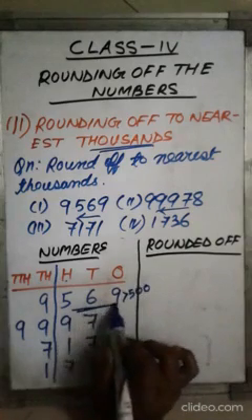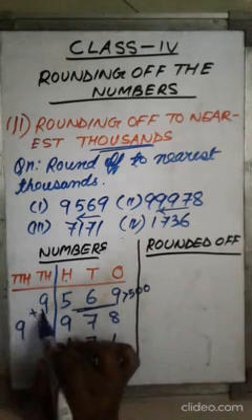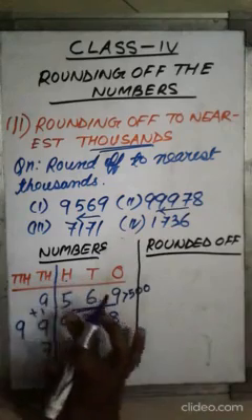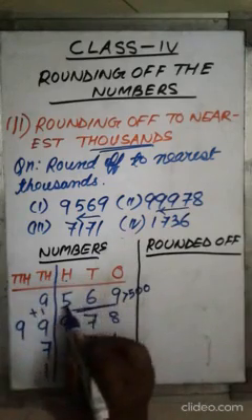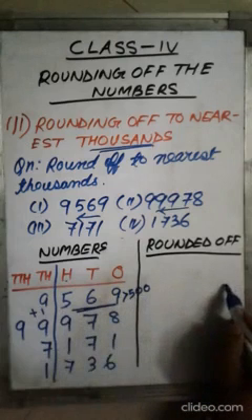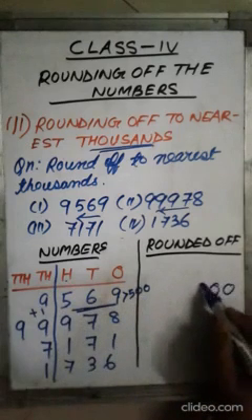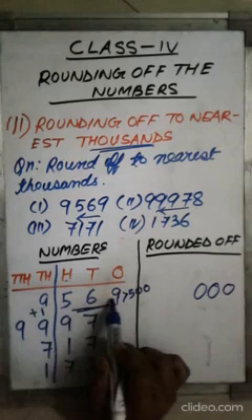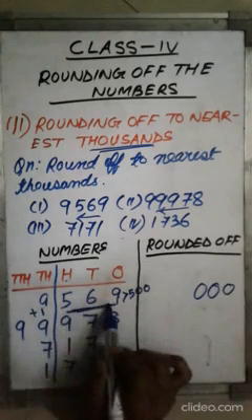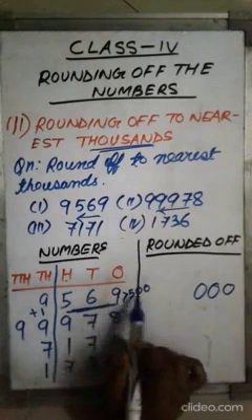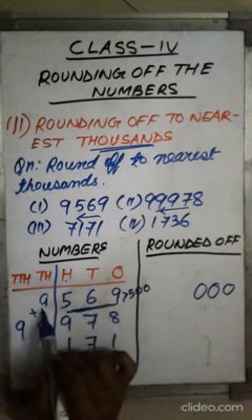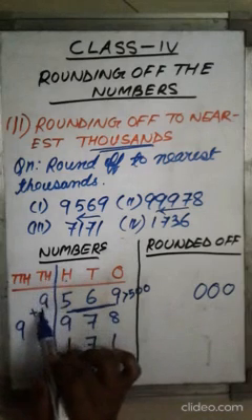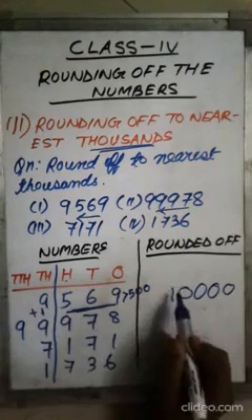If it is greater than 500, you have to add 1 to the thousands place digit. So for these 3 digits you have to put 0, and as this 569 is greater than 500, you have to add 1 to the digit of the thousands place, that is 9 plus 1 is 10.